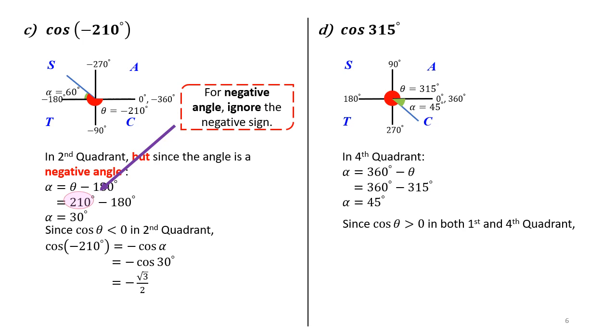So again, here we need to evaluate cos 315 degrees, which is in the fourth quadrant, and we know cos theta in the fourth quadrant will be positive. So we can just rewrite cos 315 degrees will be equal to cos alpha, which is cos 45 degrees. And by using the special angle, again, we can get cos 45 degrees will be root 2 over 2.